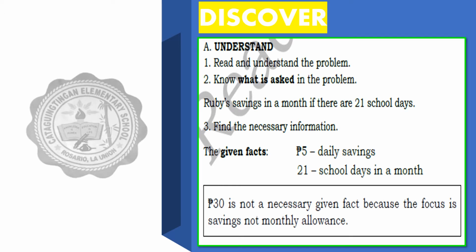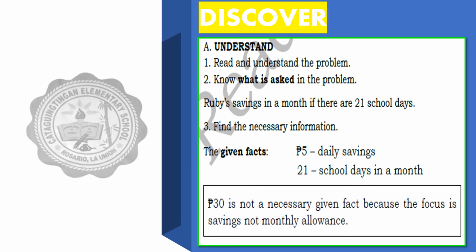Kasali naman doon sa plan, the operation to be used and the number sentence. And then the third step is to solve. And the fourth step is check and look back. So you will check your answer. And now, let us begin.